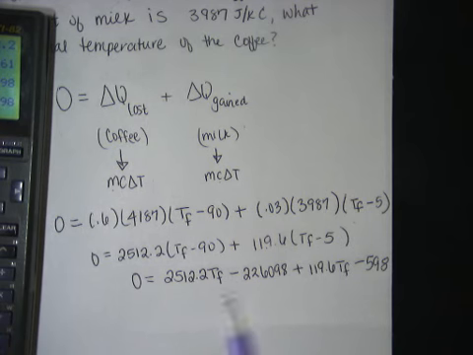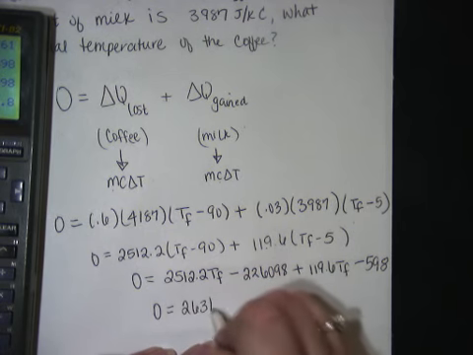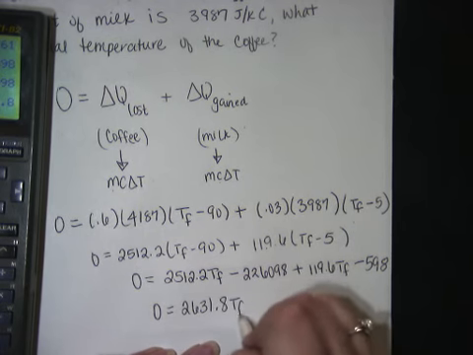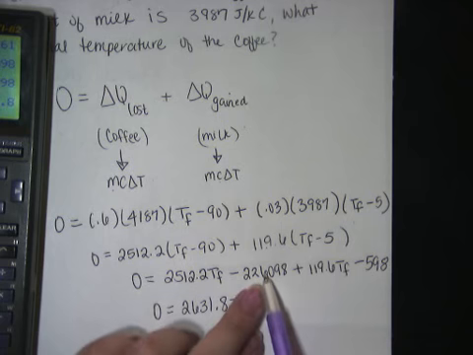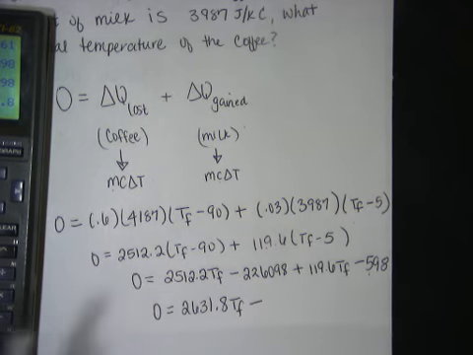At this point, what you can do is combine all your like terms. Since this is the same variable as this, I can add those two together. And since this doesn't have a variable and this doesn't have a variable, I can add those two together.